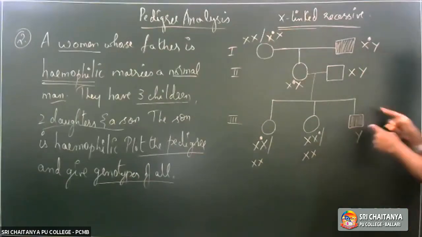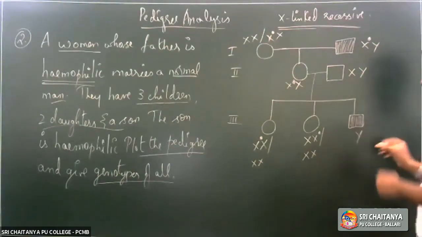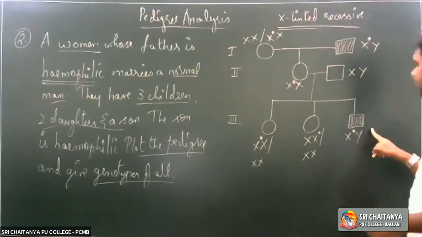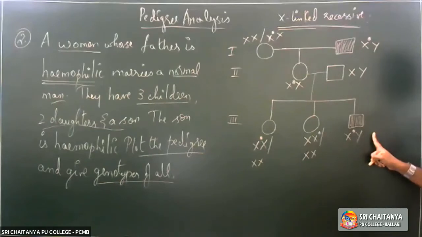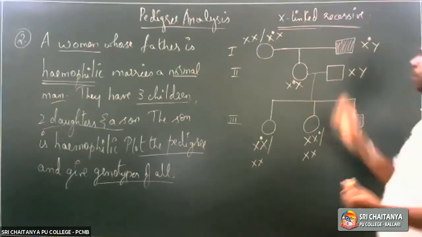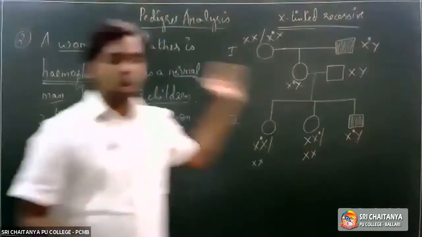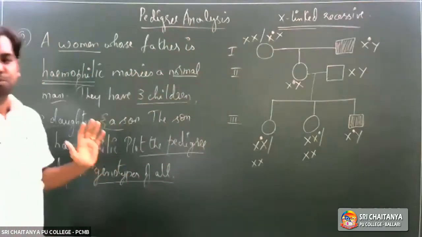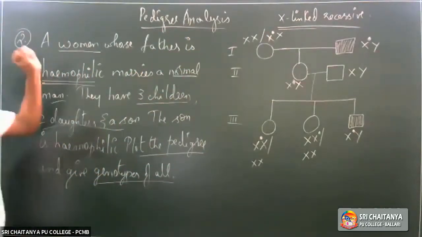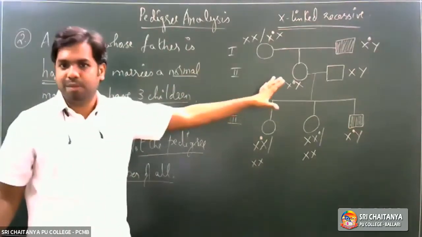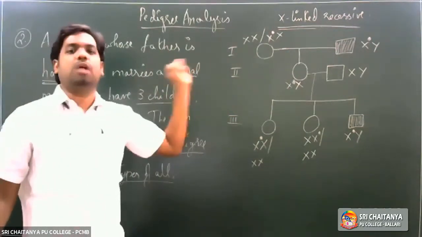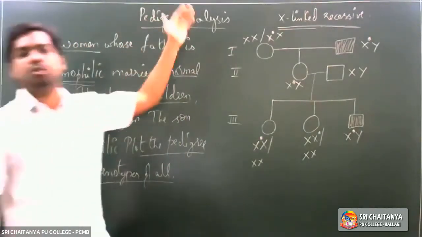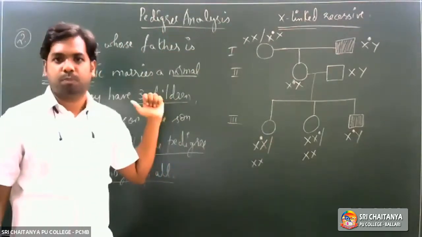Whereas in the third case, the mother definitely has to give a mutated chromosome, only then would the son be affected, right? So these would be the genotypes of all of these individuals in the first, second, and third generations. This is how we start plotting the pedigree, and at the same time, this is how we give the genotypes of all of the individuals in all of the generations, right?